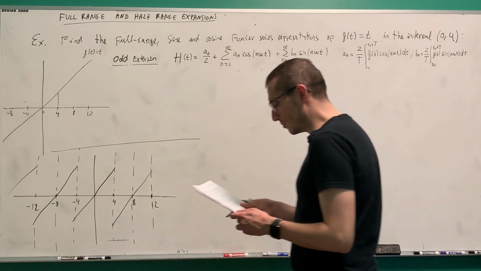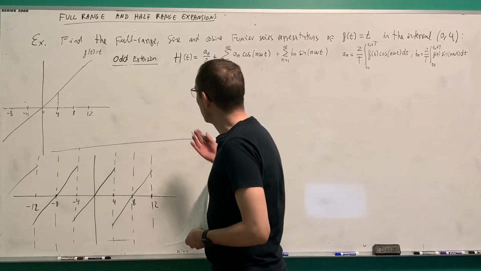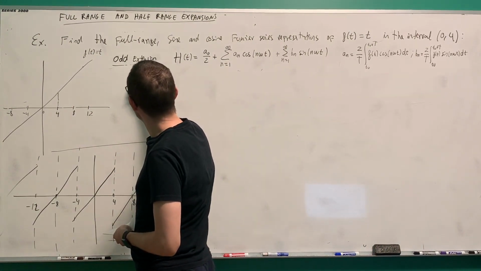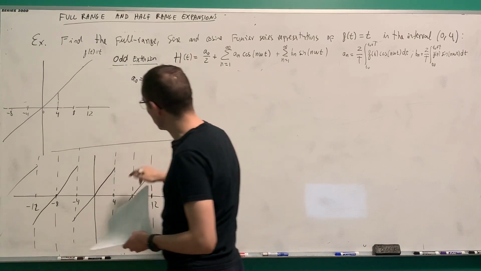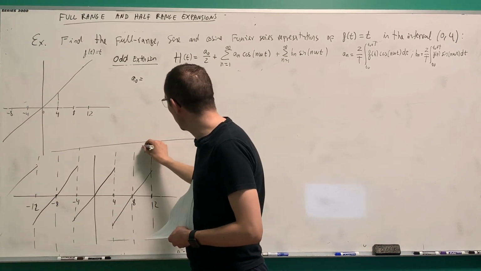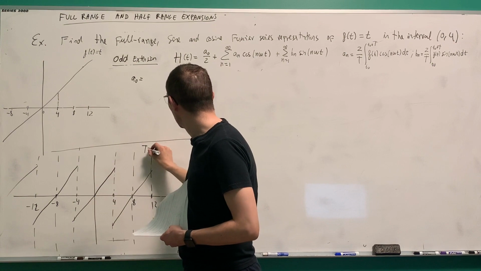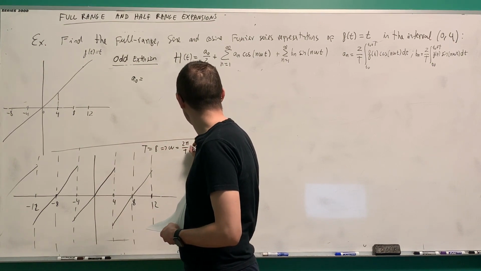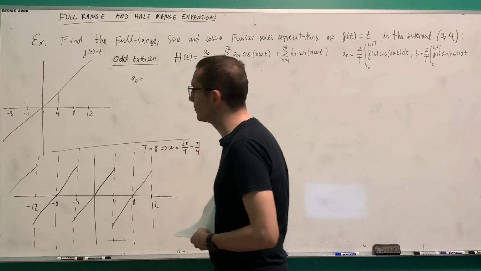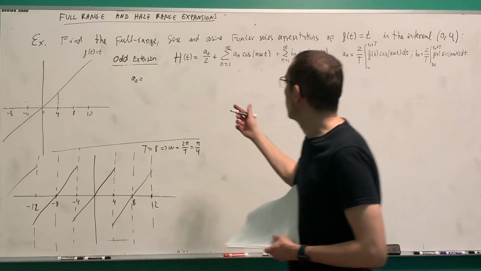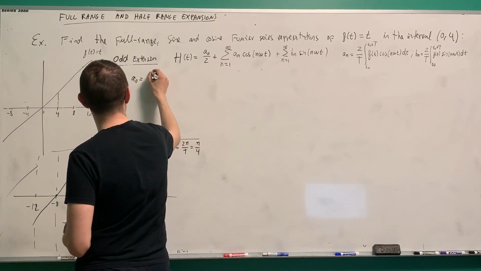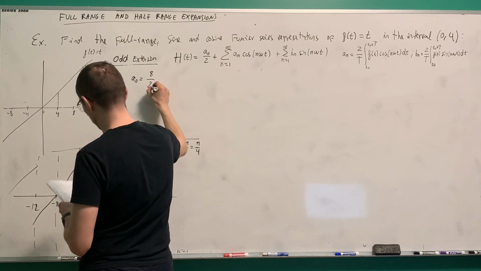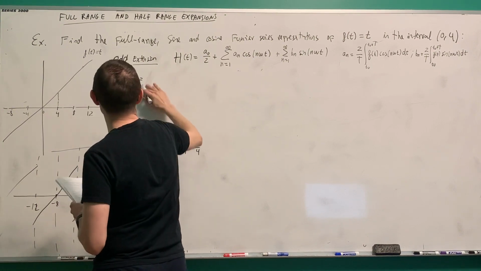All right, let's compute the different coefficients. Let's compute a0 to begin with. First, what's the period? The period is 8 as well, from here to here. T is 8, which means that omega, which is equal to pi over T, is again pi over 4, same as for the even extension. Now a0 is 2 over 8, sorry, my bad.